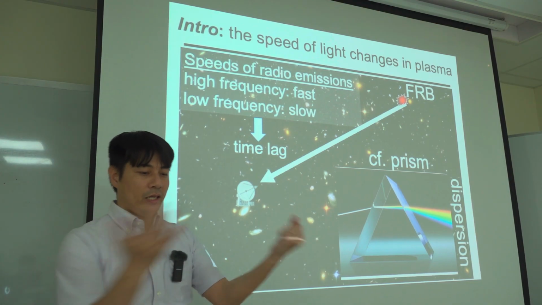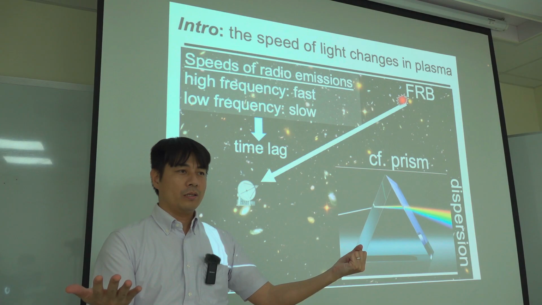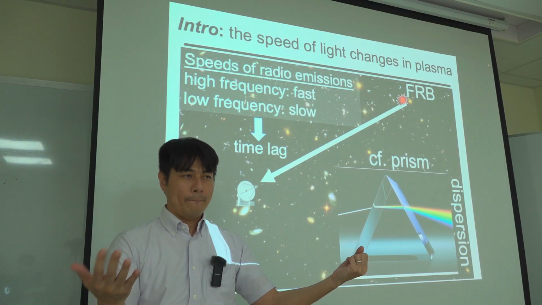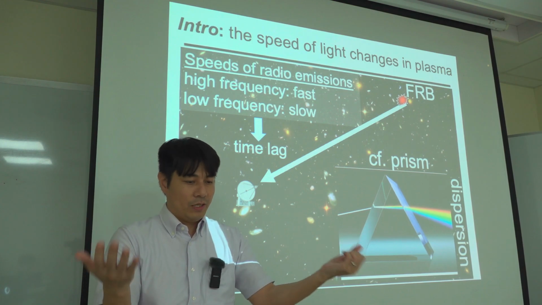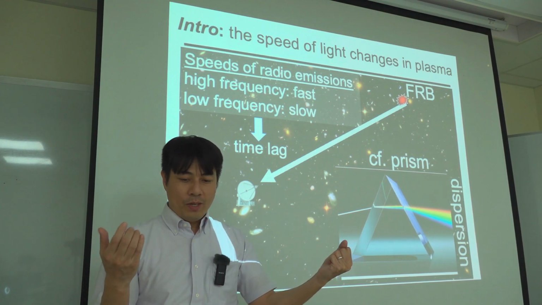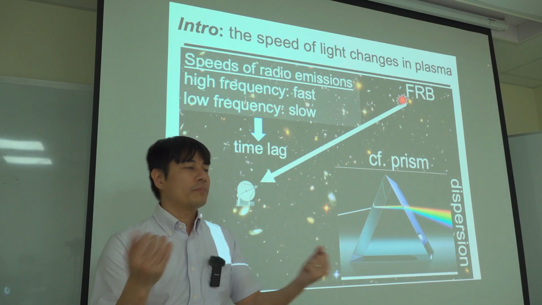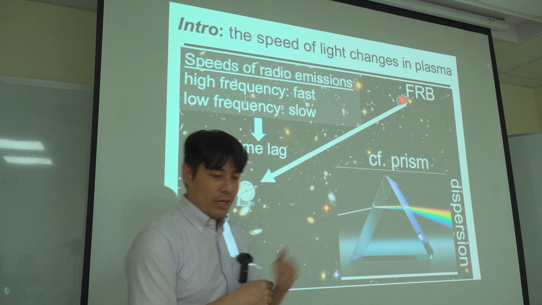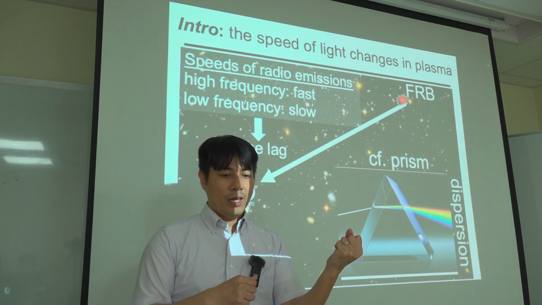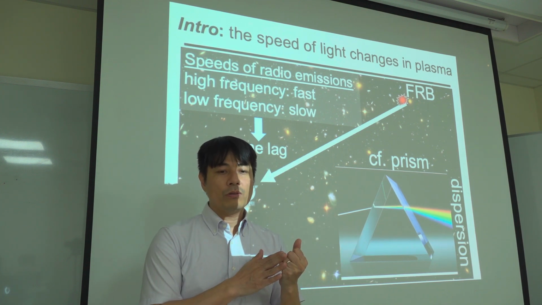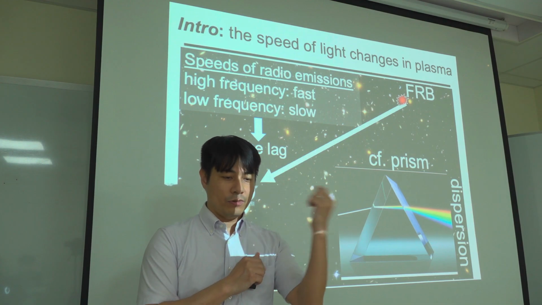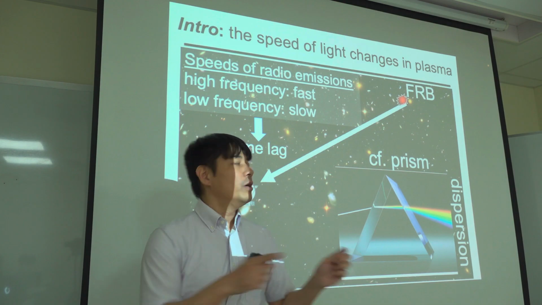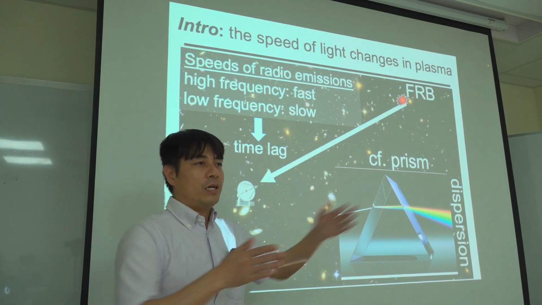Then if they are really different, repeater and non-repeater, they may have different characteristics in radio. They may emit different signals in radio. That's what people are trying to find. One thing is, a non-repeater, only one time, may be broad in spectrum. This is a radio signal, right? So this has a spectrum.